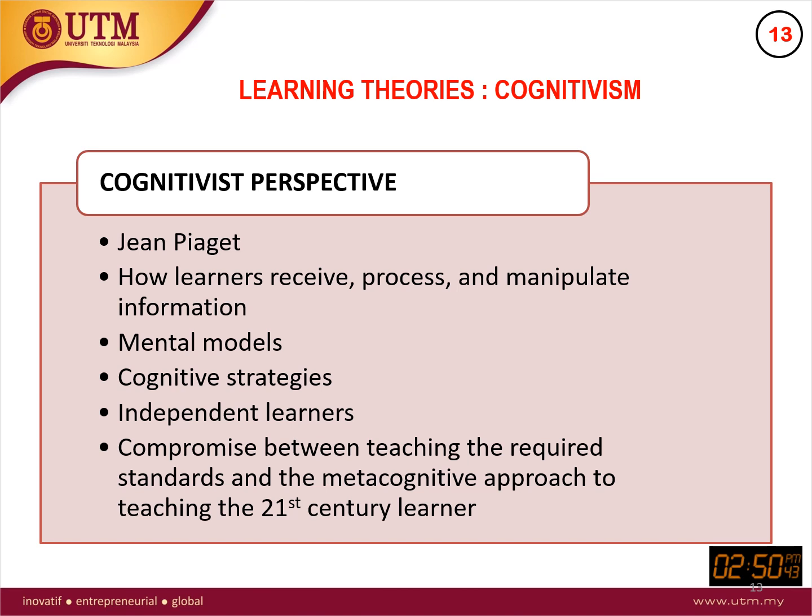So it's a cognitive strategist, independent work of the learners, and it compromises between teaching and required standards and the metacognitive approach to teaching 21st century learners. So this is all about cognitivism and how we look at cognitivist learning theories.